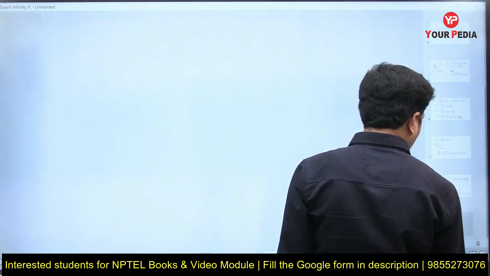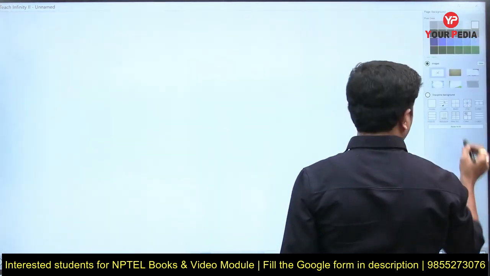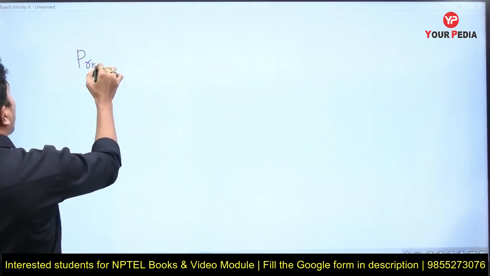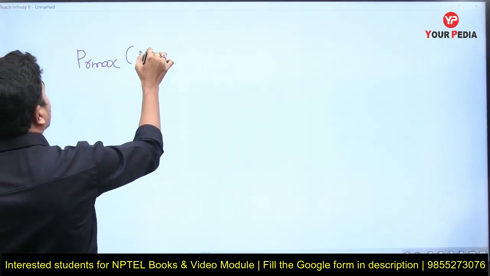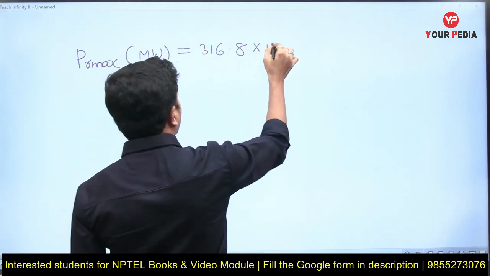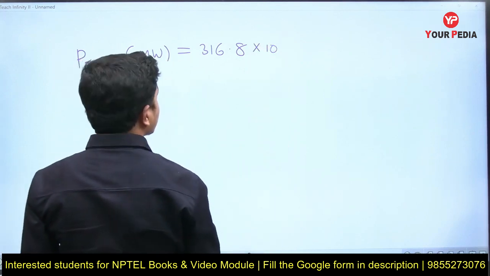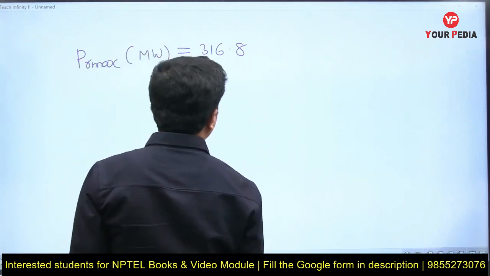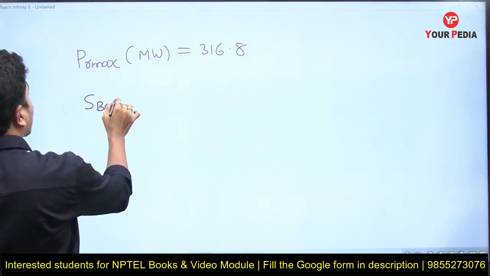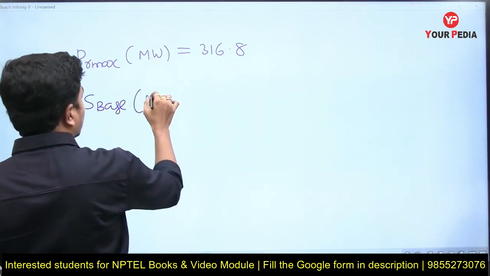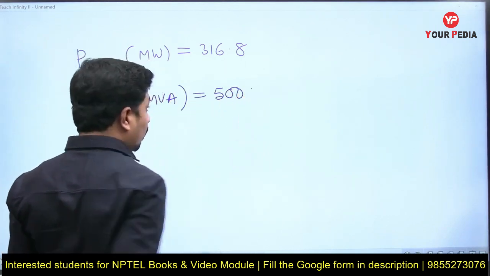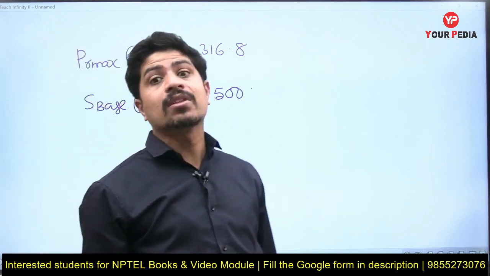But there is one small thing here, that is he wants it in per unit. So PR max in megawatts is 316.8, already mentioned in terms of megawatts. Now what is S base? For finding the per unit value, S base in MVA is given as 500. For finding per unit value, we need to divide the quantity by the base quantity.